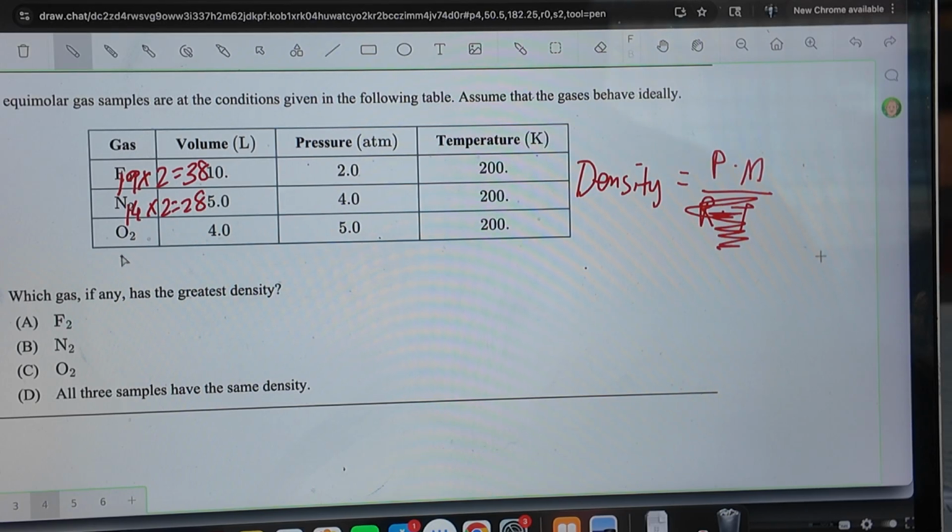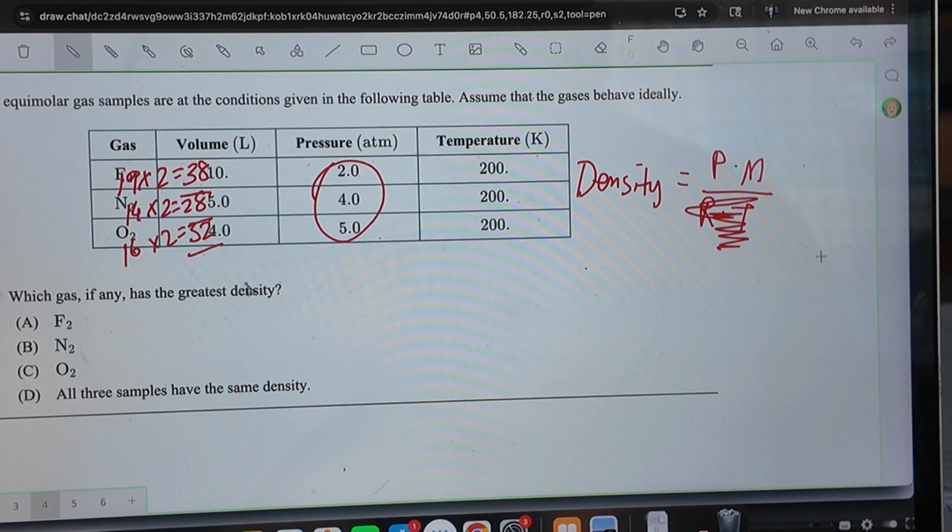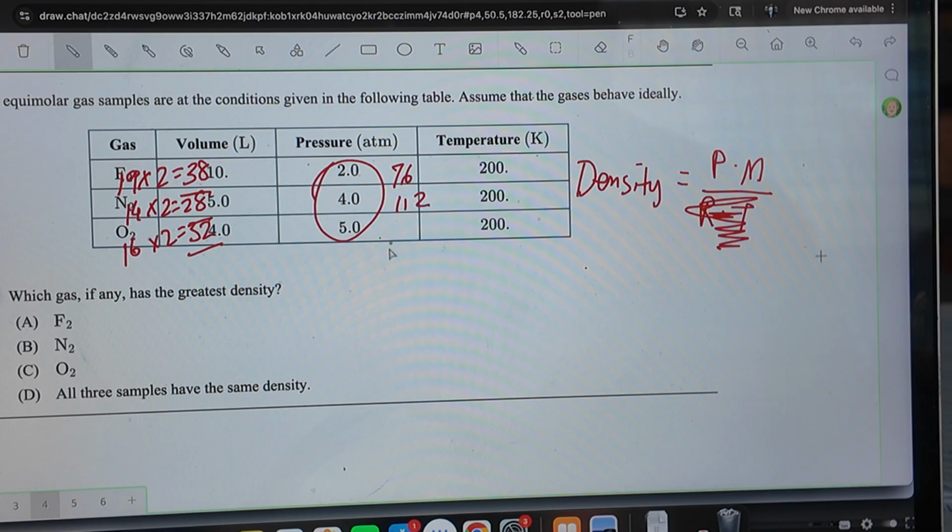And oxygen is 16 times 2 is 32, right? So all we have to do is multiply their pressure by this number, their molar mass. When we do that, we get 38 times 2 is 76, 28 times 4 is 112, and O2, which is 5 times 32, is 160. The biggest number here is O2. So, okay, yeah, I figured.